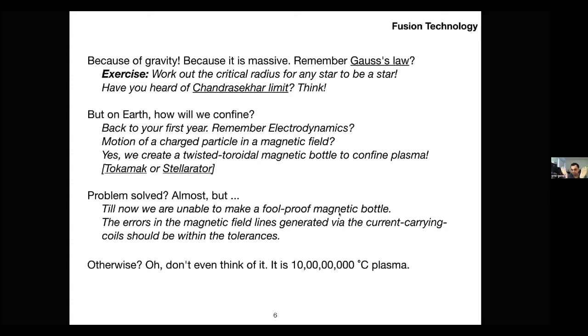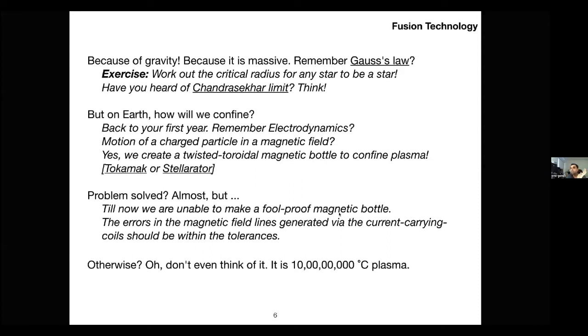And remember, we are doing this experiment on Earth. The temperature at the core of this magnetic bottle is like 10 times the core of the sun, and outside it's just room temperature, 27 degrees.